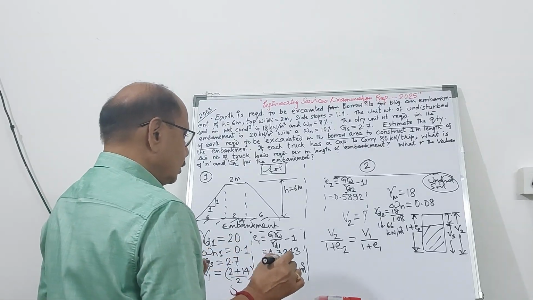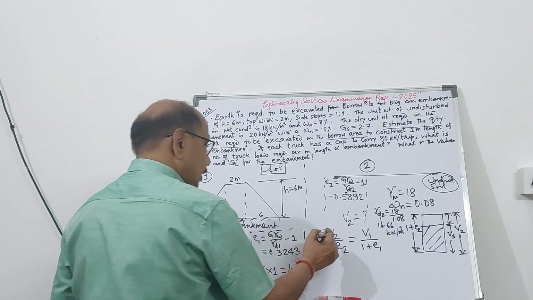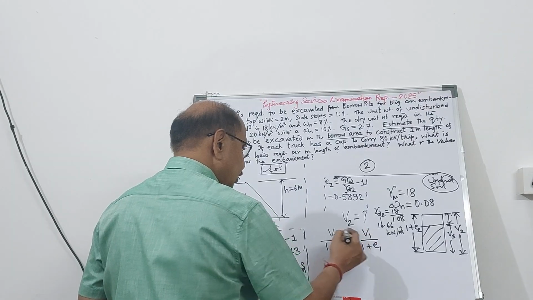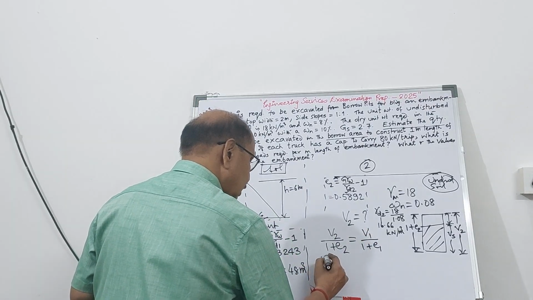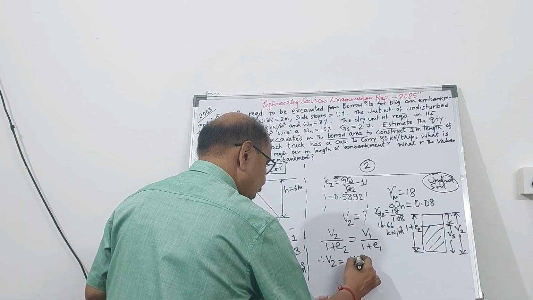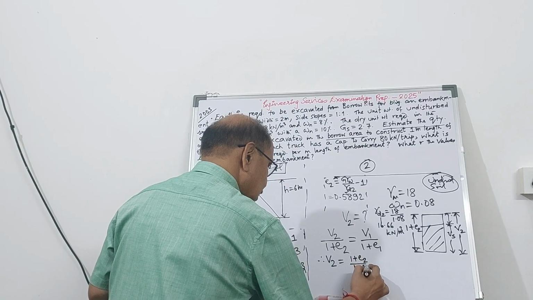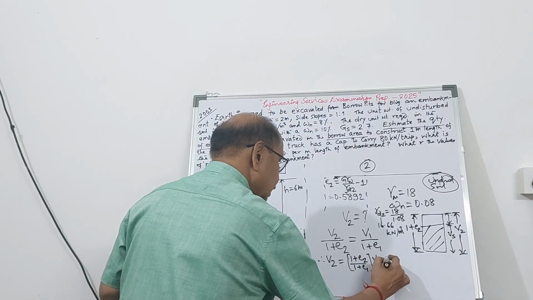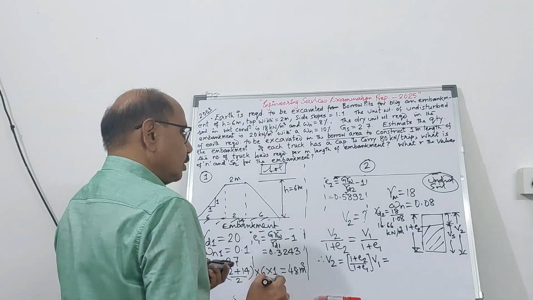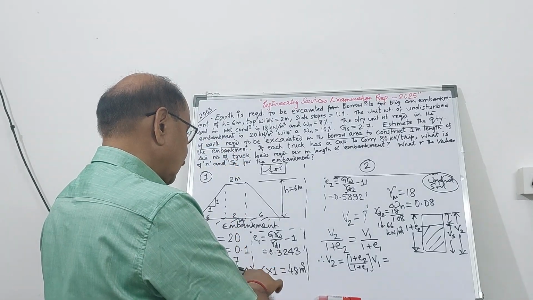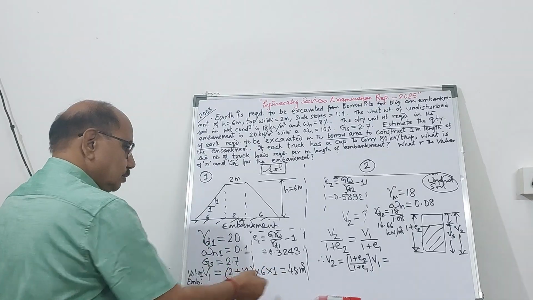So now to find out V2, E2 is known, V1 is known, E1 is known. Therefore, V2 will be 1 plus E2 divided by 1 plus E1, multiplied by V1. V1 is already known.